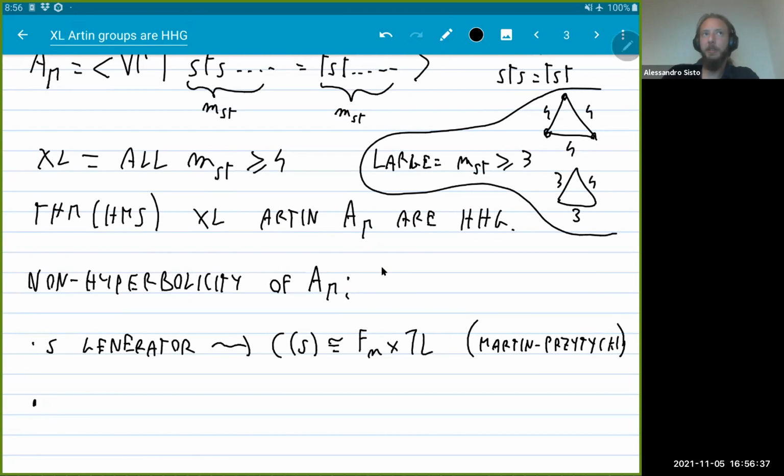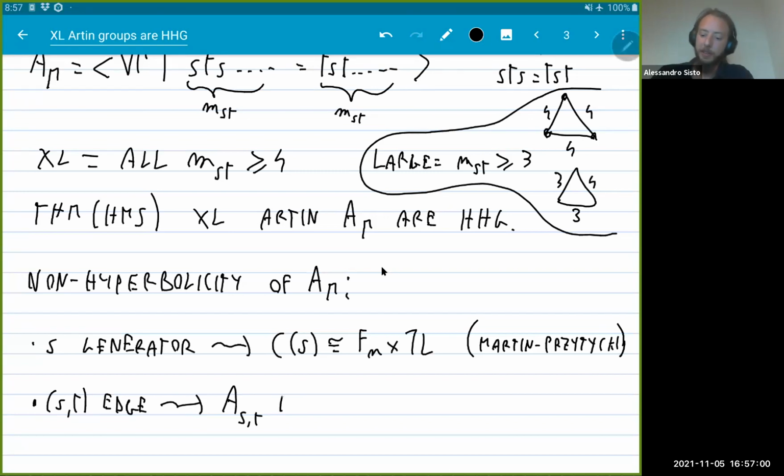And the expert will tell you, well, not quite. There's a bit more. If you have an edge, then these two generators, S and T, will generate something which is an Artin group. Let's call that a dihedral Artin group.